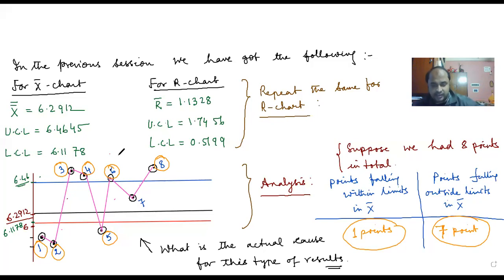Maybe this is just your assumption, that the person responsible for sampling wasn't doing it properly on Sundays. So before you decide, you have to check whether it is really so. Is it falling within the limits or outside the limits?